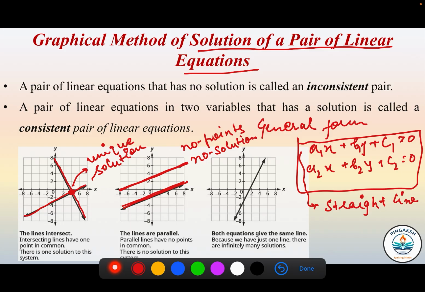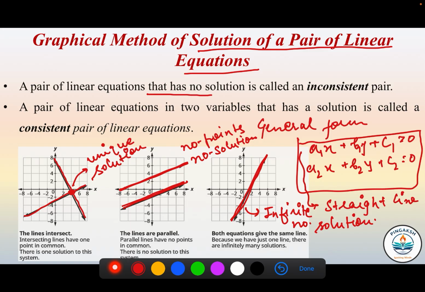And the last one is the same equation of a line. If both equations represent the same line, then we have an infinite number of solutions.